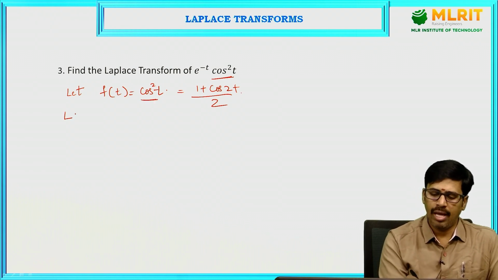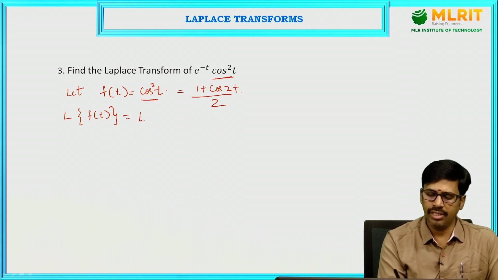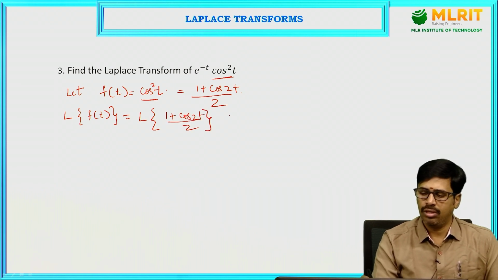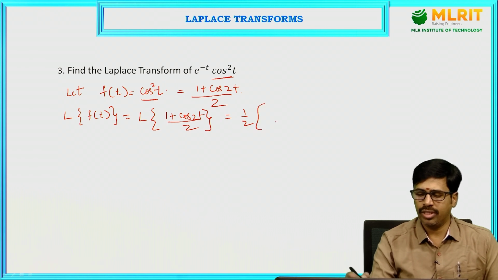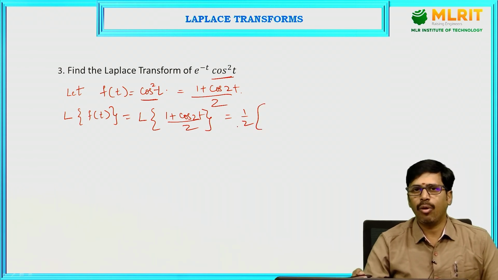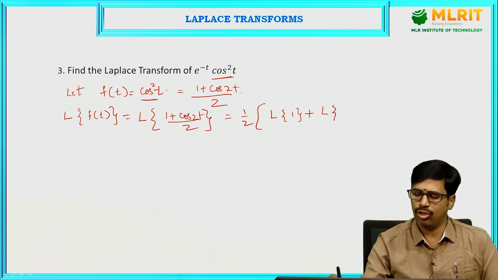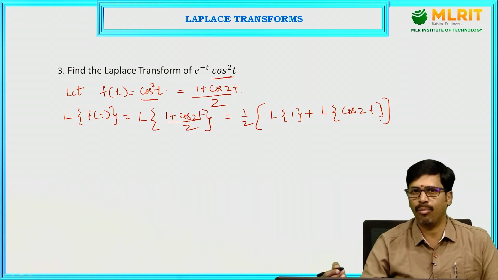Now, Laplace of f of t, that is Laplace of 1 plus cos 2t by 2. This 1 by 2 I can write outside. Using the linear property we can write this as Laplace of 1 plus Laplace of cos 2t. This is by the linear property.